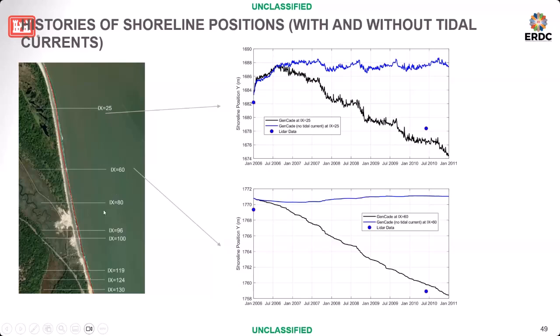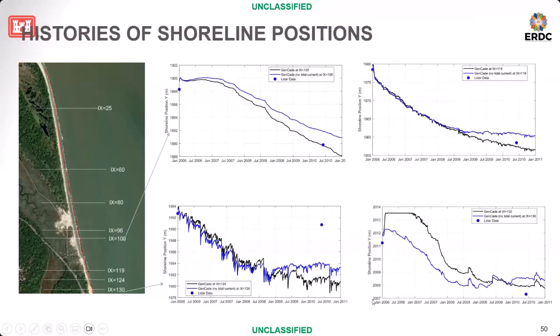For this location, we don't have transect survey data during the 2004 to 2011 period. We only have LiDAR data, so only two dots show the survey data. Further into this eroded area, you can see that with current, it is much better.